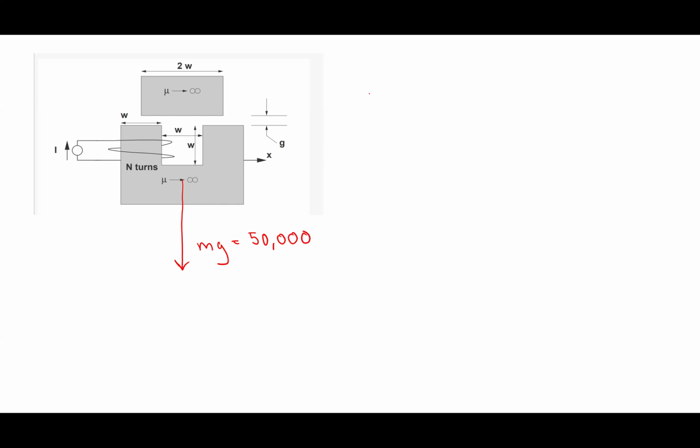The action of the force of the field, which is the partial derivative of energy, I'll say in the y direction. What we're saying is the gap G can change. That would naturally be an upward force because the action is always to minimize the reluctance.